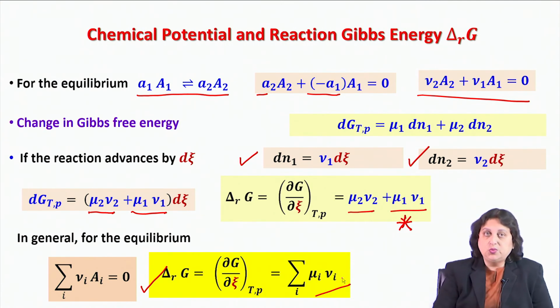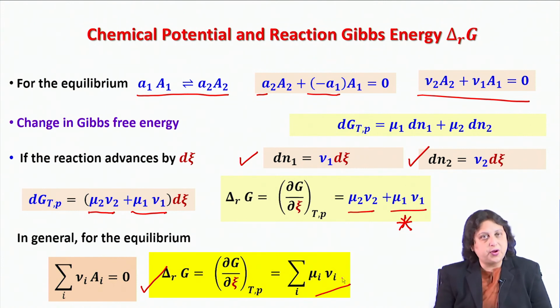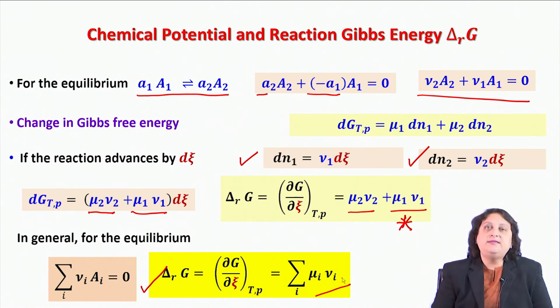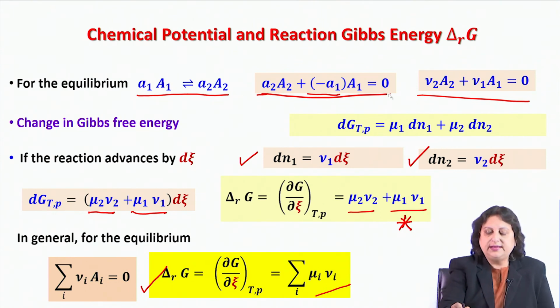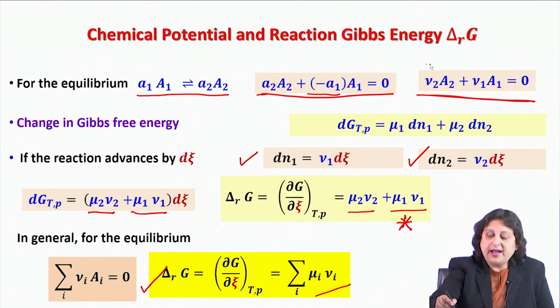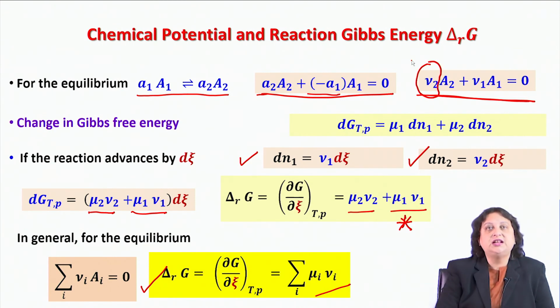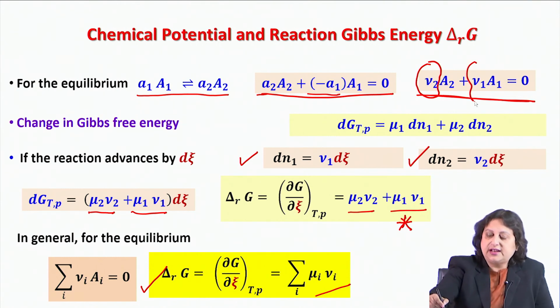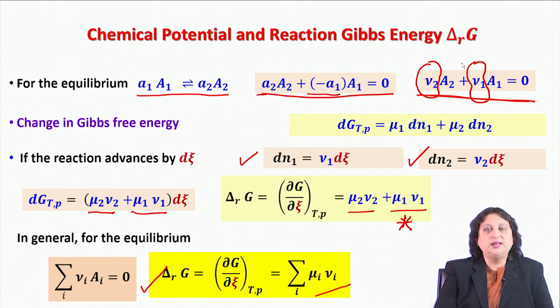So let me remind you once again, if I have several species like 3 reactants giving you 2 products or whatever have you, you can always rewrite the balanced chemical equation in a form like this, where you assume that for a product, the coefficient that appears in this equation is going to be positive and for a reactant, the coefficient that appears here is going to be negative.